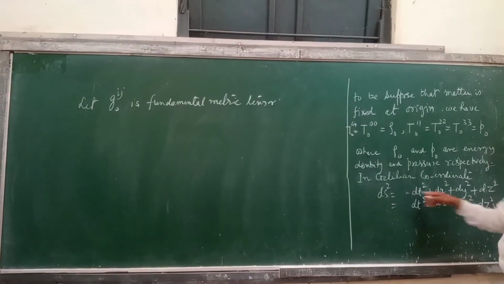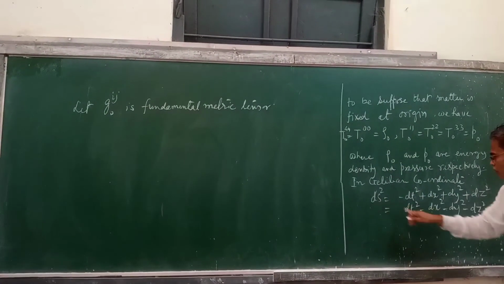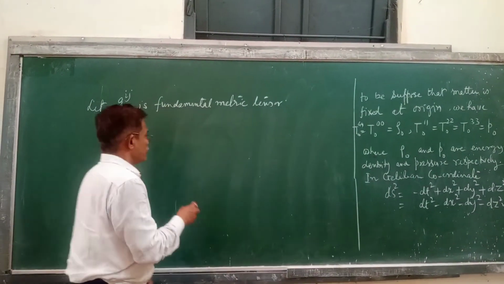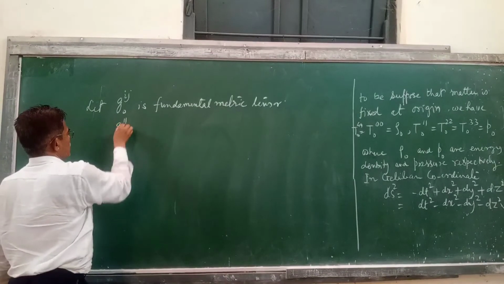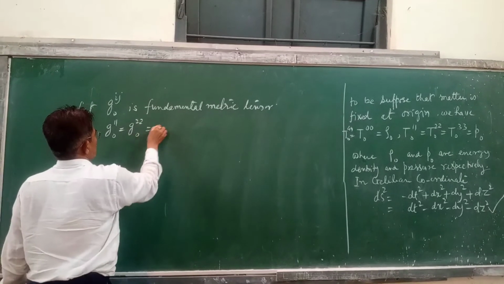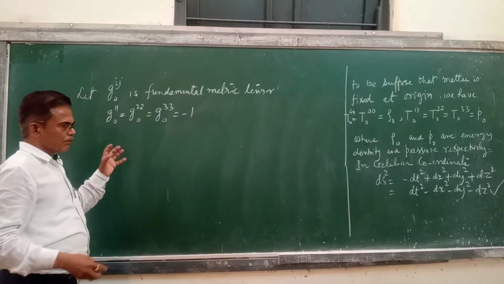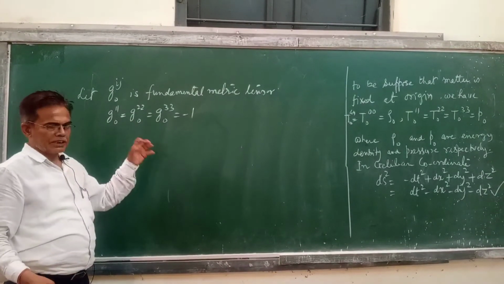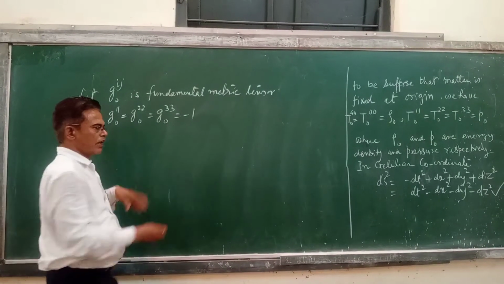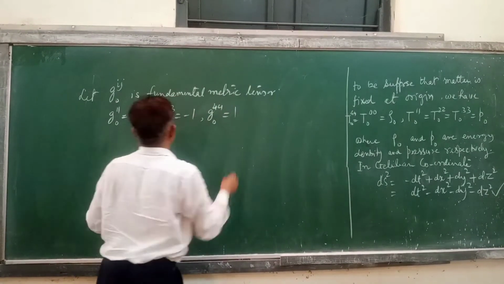For this derivation we shall use ds square equal to dt square minus this. So g11 is equal to g22 is equal to g33 is equal to minus 1, meaning the metric potential g11 is the coefficient of dx square, g22 of dy square, g33 of dz square, and g44 the coefficient of dt square, which is 1.